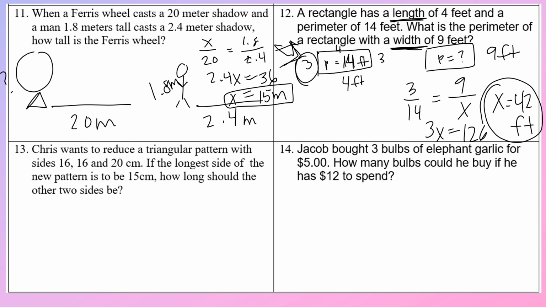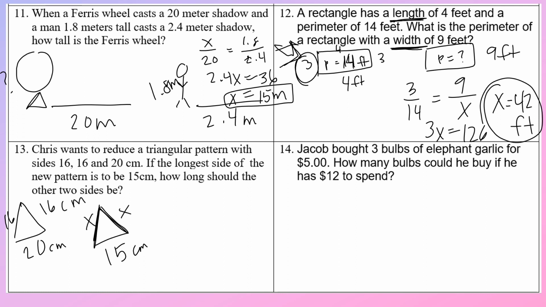Okay, Chris wants to reduce a triangular pattern with the sides 16, 16, and 20 centimeters. If the longest side of a new pattern is to be 15, that would go in the spot of the 20. That means these two sides here have to be the same length. So we are trying to figure out what these sides are.